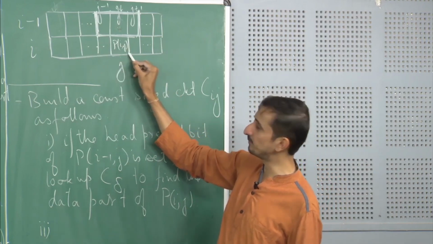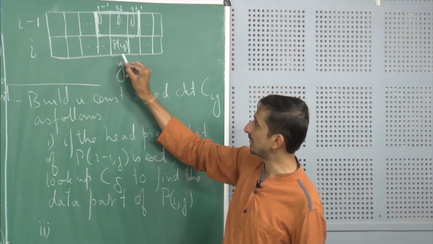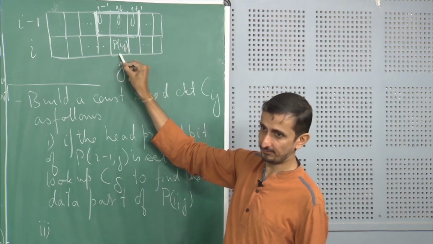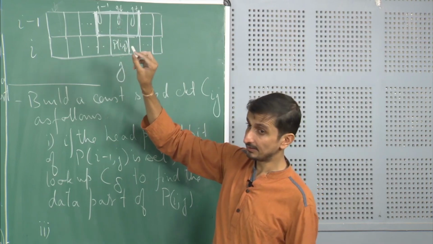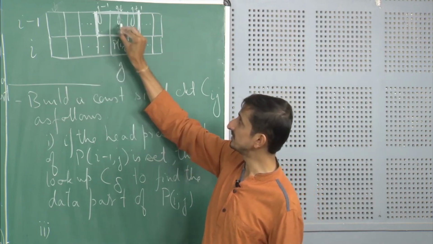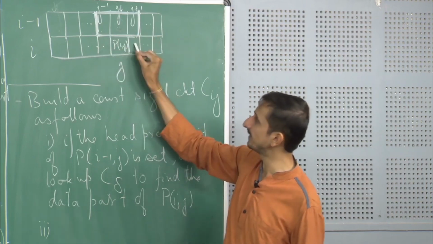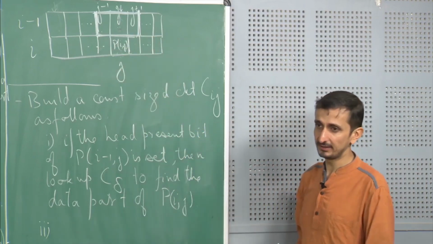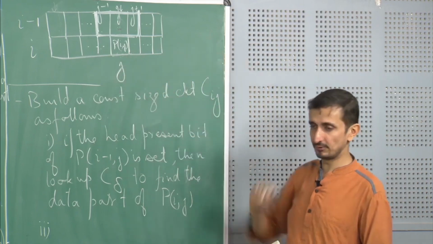Now, how is the head present bit set over here? So, the head can come to this position either from here or from here, right. From Pi minus 1j, it will go to either here or here, but it will not come here, okay, but I do not care about that, I just ignore that. When I go to these two cells, then I will figure it out.